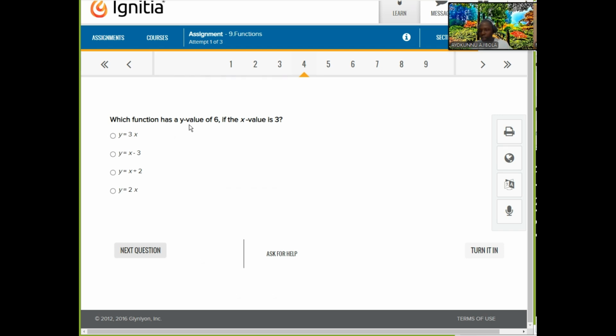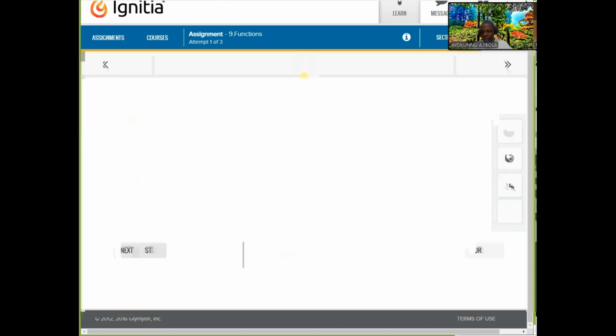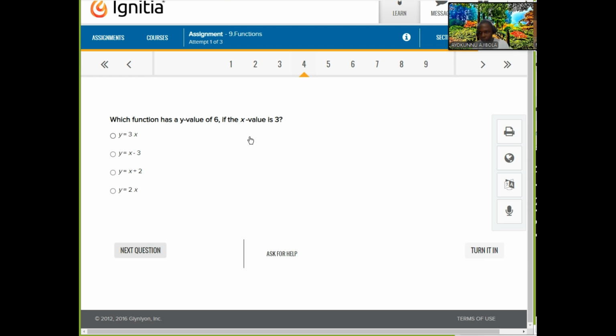Which function has a y value of 6 when the input value is 3? So think about it. When will y be equal to 6? If x is 3.